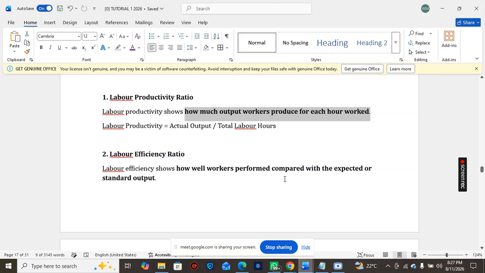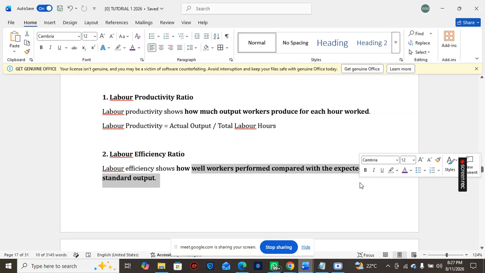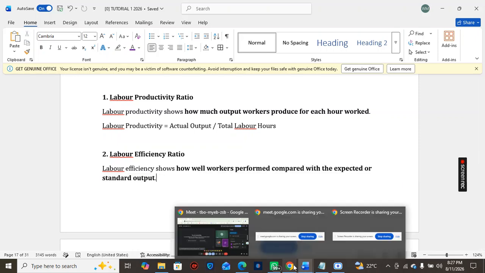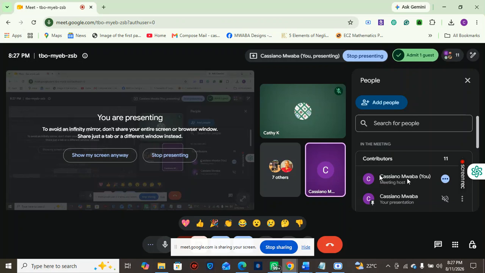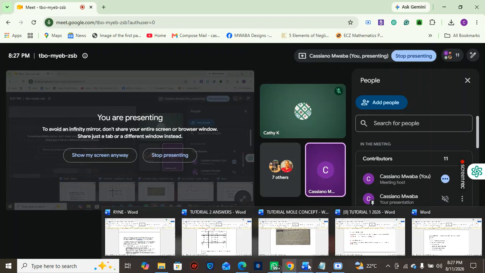Labor efficiency ratio: how efficient is our labor? How well workers performed compared with the expected or standard output. You want to see how much they produced compared to what they're expected to produce.